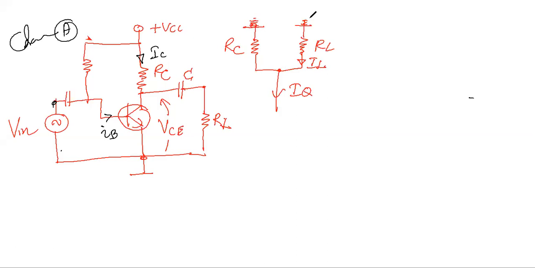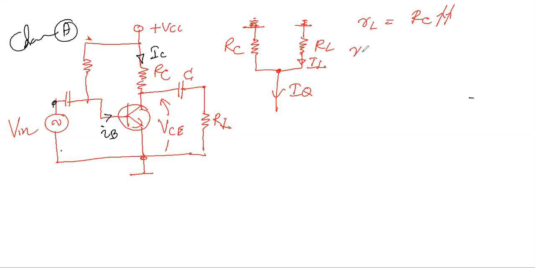Then compared with this one, you can design the AC load line, to define or decide the AC load line. You have to consider this Thevenin circuit, and then you have to compute the RL value. So with respect to the circuit diagram, this RC and RL are in parallel. Therefore, you can compute this AC load.